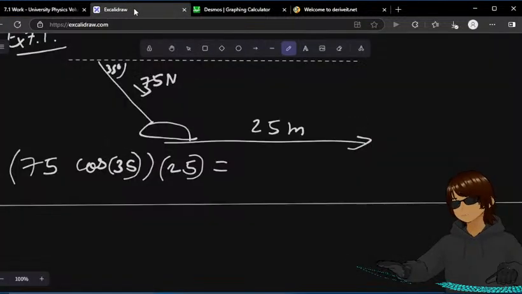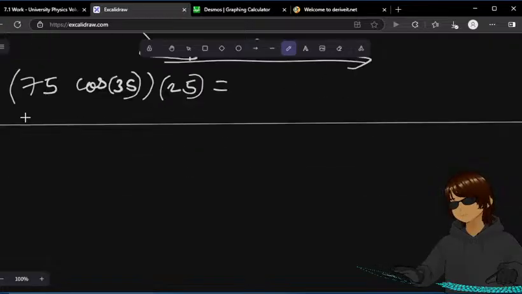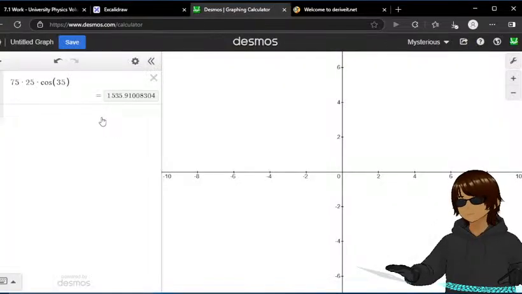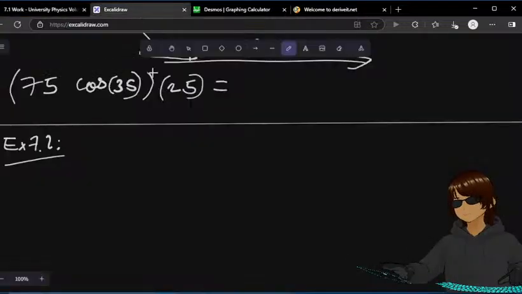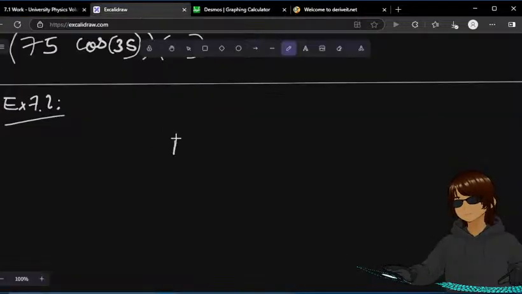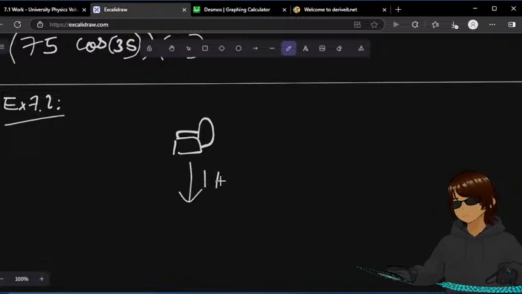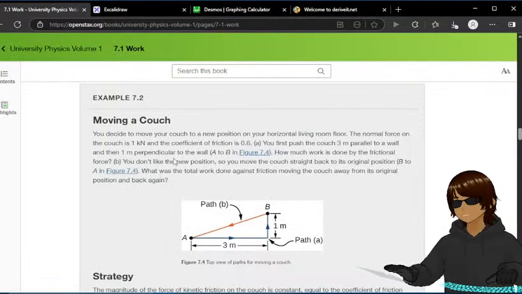Let's see. The normal force on the couch is 1 kilonewton. This is the couch from the side. 1 kilo, thousand newtons.